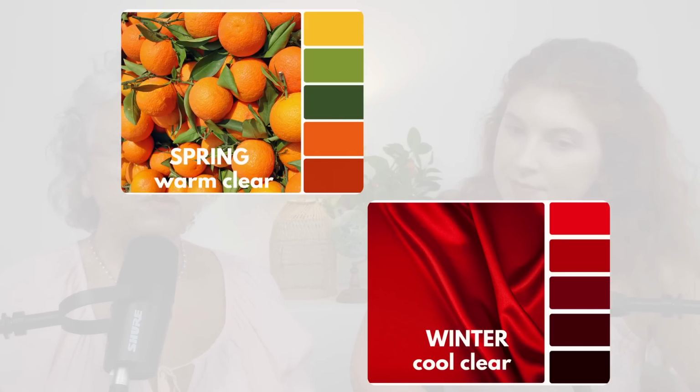Winter, its sister season, except that it's cool, bright, and clear. So you've got your paints here and you're putting out your palette. You haven't done any mixing yet because both of these seasons, your own characteristics are strong enough that you can pull off bright colors and clear colors.